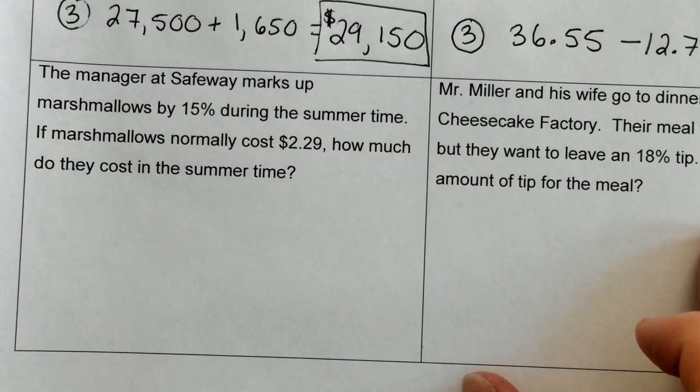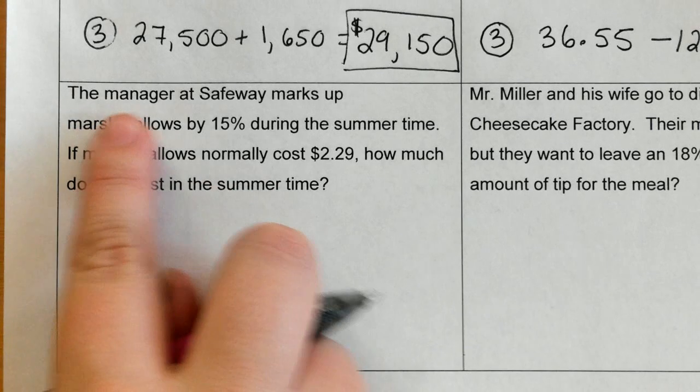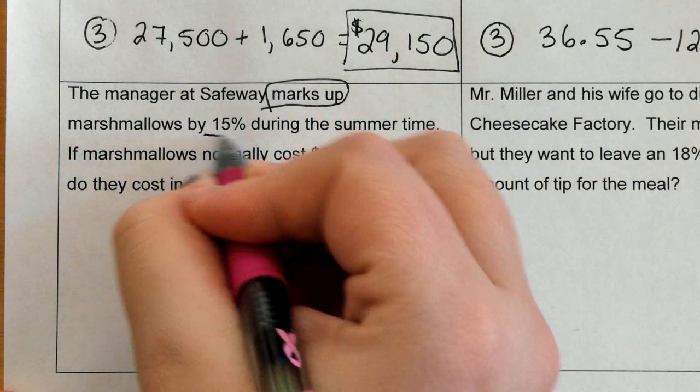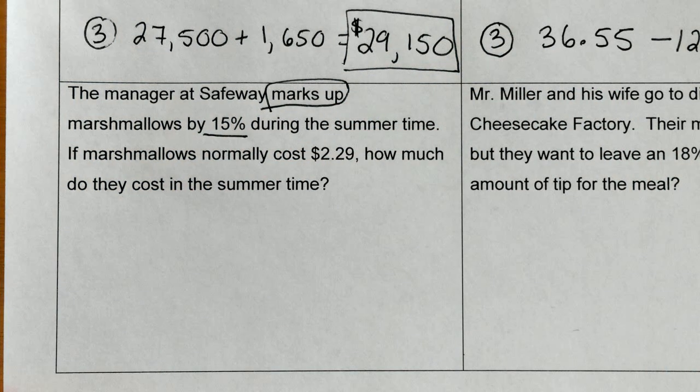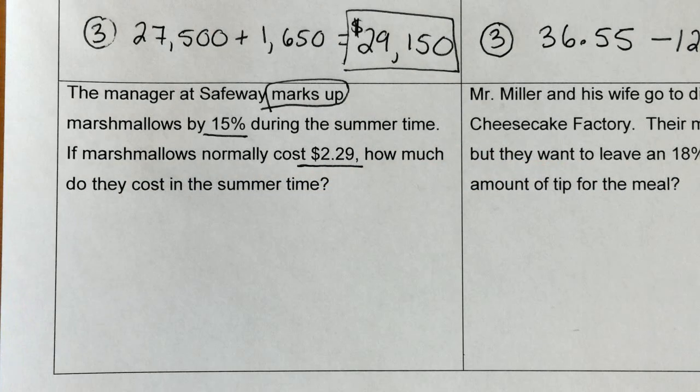We have two more examples, and again, this is going to sound really repetitive because the process is the same. It's the same 3 steps. The manager at Safeway marks up marshmallows by 15% during the summertime. If marshmallows normally cost $2.29, how much do they cost in the summertime?